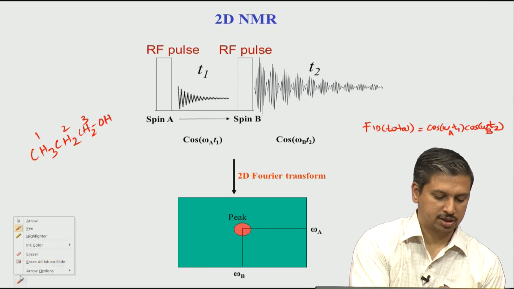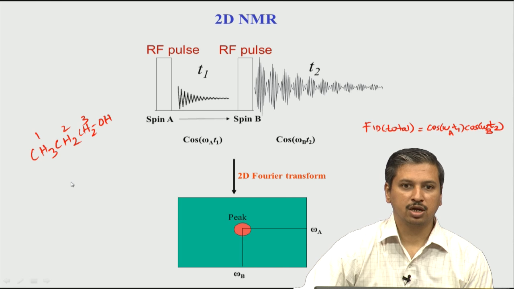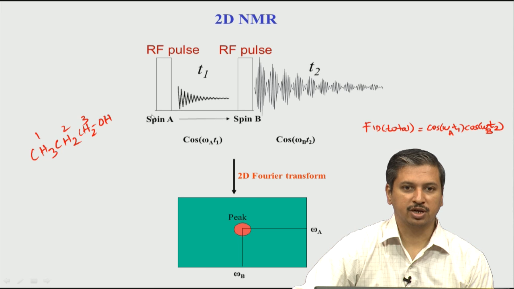When you excite proton number 2, let us say this spin A is proton number 2, after exciting it, during the evolution it starts transferring its magnetization not only to this side, but it is also coupled to this side. So, you see, this is the concept of passive coupling.